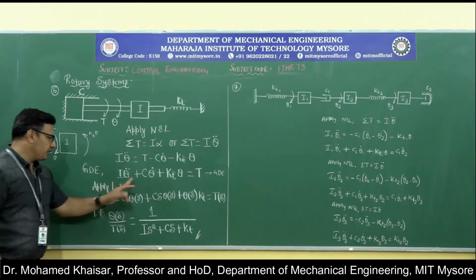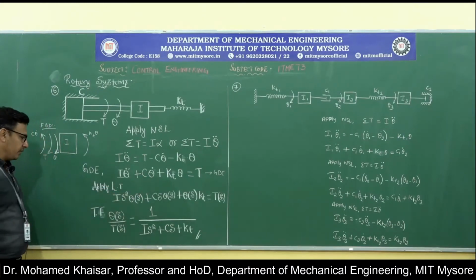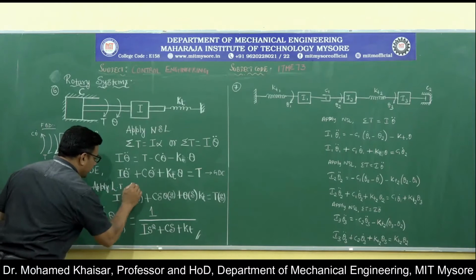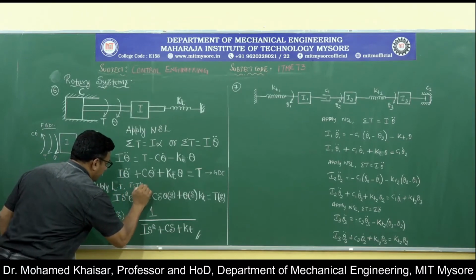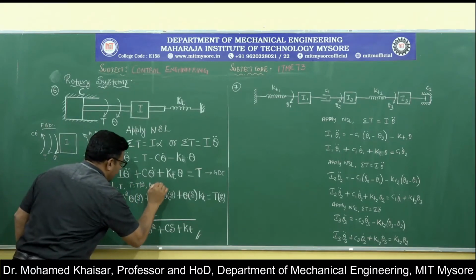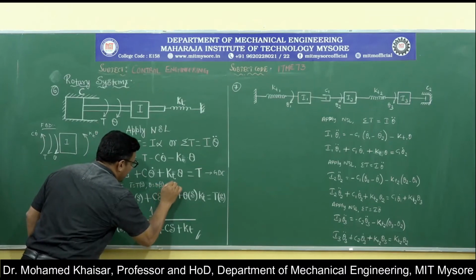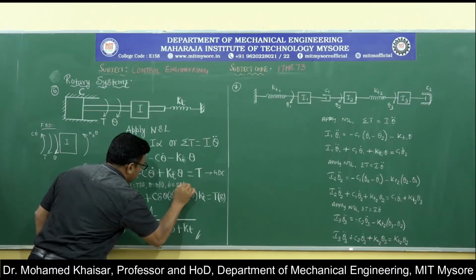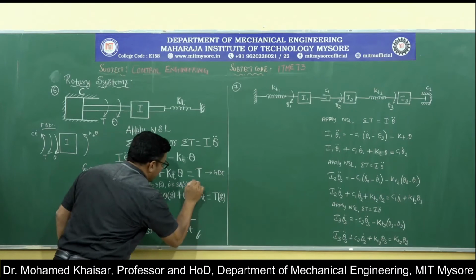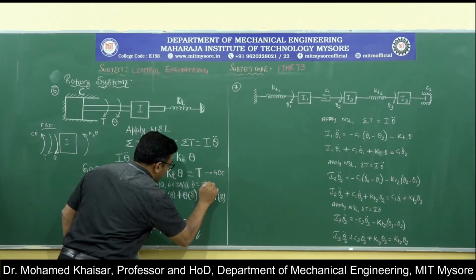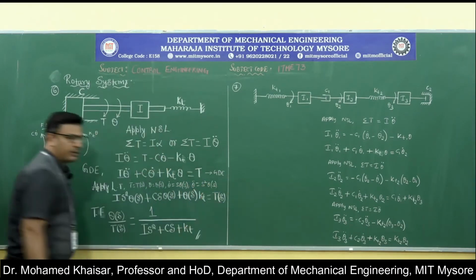Now apply Laplace transformation onto this governing differential equation. What do we mean by Laplace transformation? T becomes T of s, theta becomes theta of s, theta dot becomes s into theta of s, theta double dot becomes s square into theta of s.